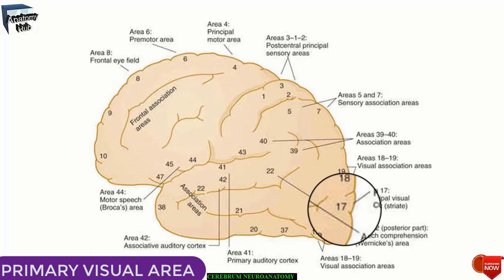The most marked structural feature of this visual cortex is the presence of the white stria, or the visual stria of Gennari. So the name, the striate area. The visual cortex is relatively thin and contains a huge amount of granule cells.